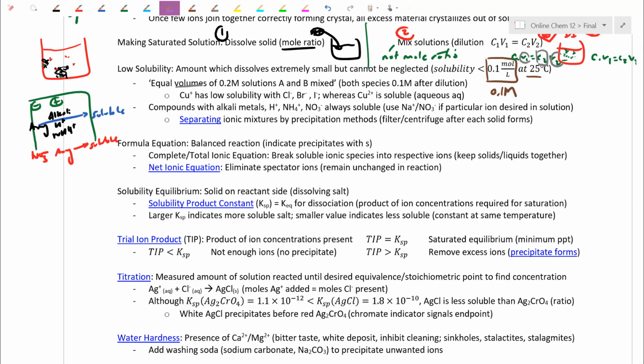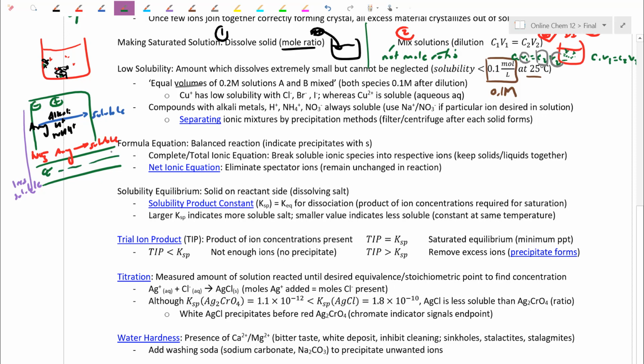Remember on our table, we gradually work from the most soluble things and get less and less soluble as we go downwards. Then we saw a method called separating mixtures by precipitation, or selective precipitation. We try to do mix and matches to pull out one ion at a time. You do need to worry about charges. For example, in the fifth row down, we're talking about chloride, bromide, and iodide.